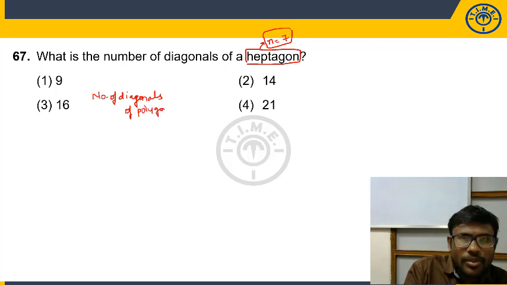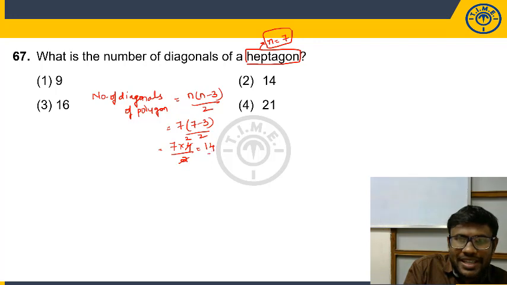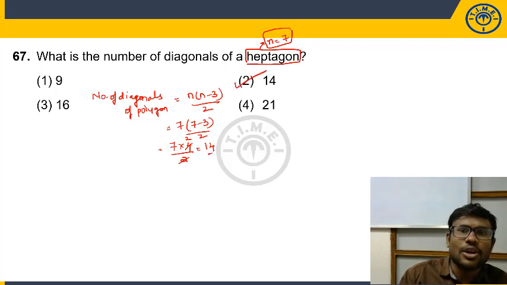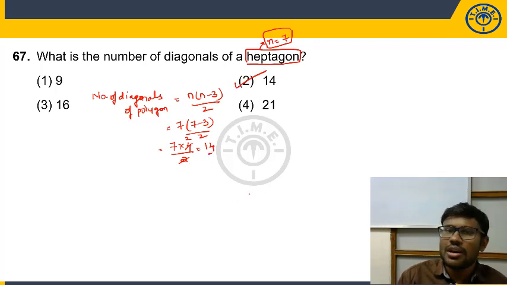Your formula is n into n minus 3 by 2. So 7 into 7 minus 3 by 2, so it is 7 into 4 by 2. So your answer is 14. Option number 2 is the answer. Is that clear? Let us get into the next question.